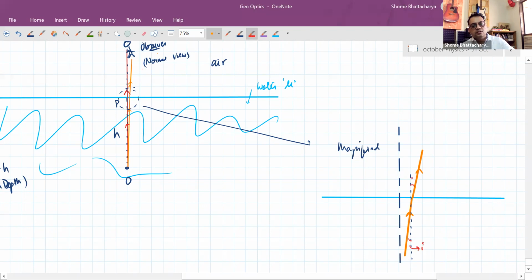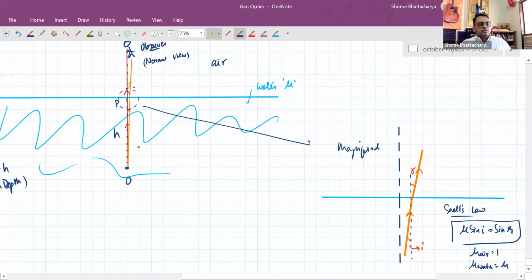You can see this is the angle of refraction. Okay. So by Snell's law, mu sin I is equal to sin R, because refractive index of air is 1 and refractive index of water is mu.